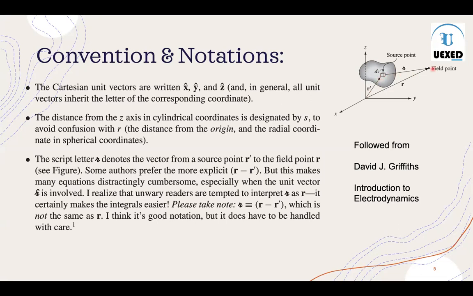The distance between the source point and field point is denoted as script r, which is nothing but r minus r prime. So these are some of the notations which are important to go ahead, so there should not be confusion when we go into the details.